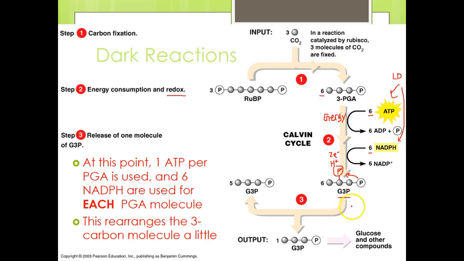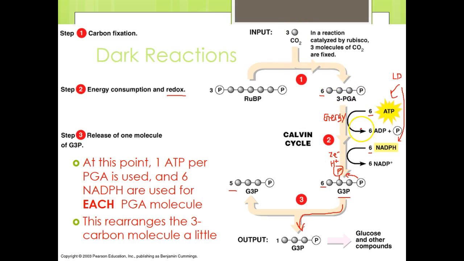Once the molecules are changed into glyceraldehyde 3-phosphate, or G3P, we're going to go into the third step. And the third step is basically removal of a G3P. Okay, so we go from 6 to 5. And so how do you go from 6 of anything to 5 of anything? You have to take one out. And so step 3 is essentially the easiest step, I think. Step 1, carbon fixation.